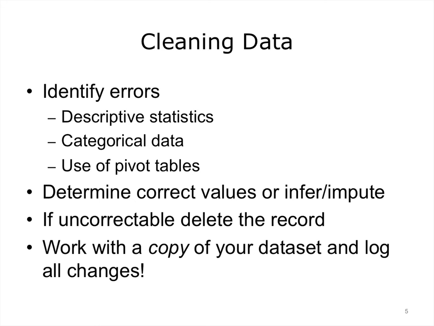Perhaps the gender field on your patient is blank, and you cannot determine the gender from the name, but you see that the patient had a diagnosis of prostate cancer. You retrieve a pathology report and see that this is your patient, and can therefore safely change the blank gender field to male. If you cannot correct the record, then you may have to make the decision to delete the record from your data set.